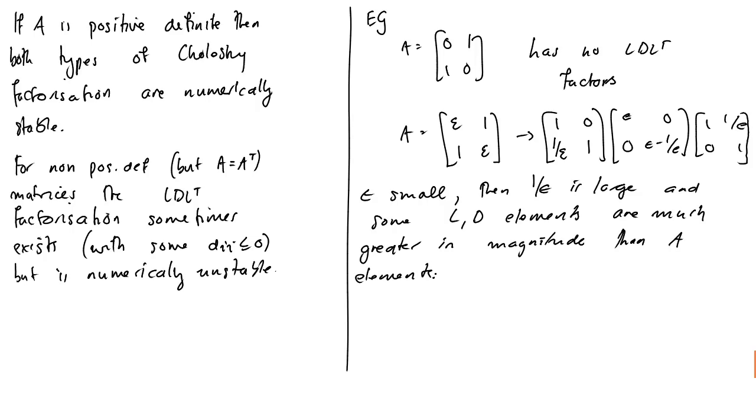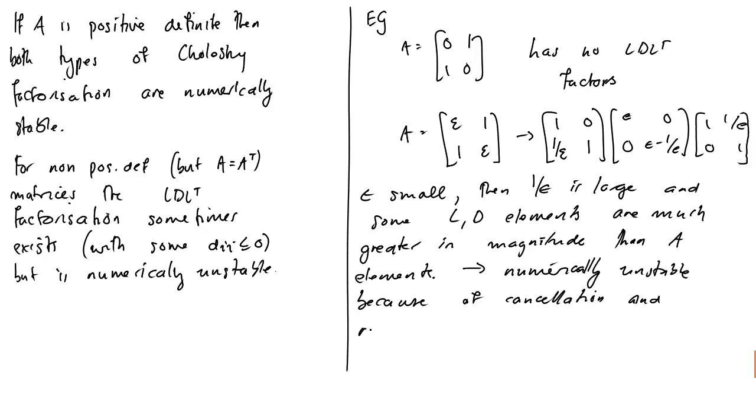In the literature you call that a large growth factor. So this is numerically unstable because of cancellation and round-off. Refer to our earlier lectures for this.